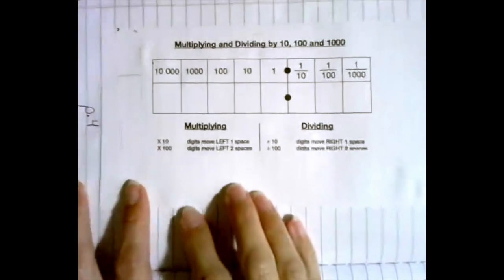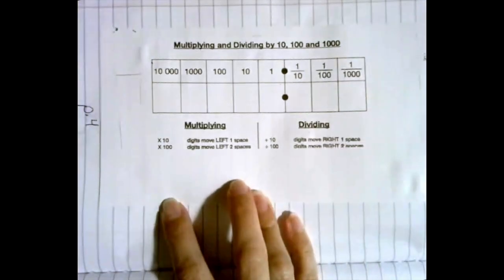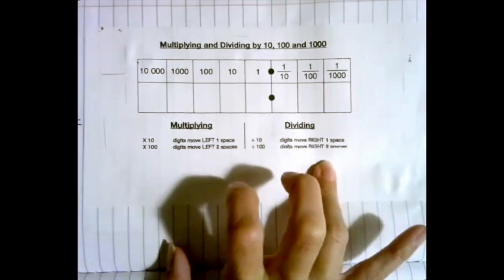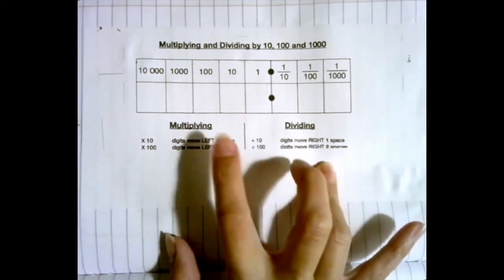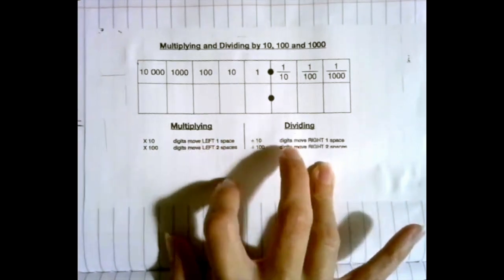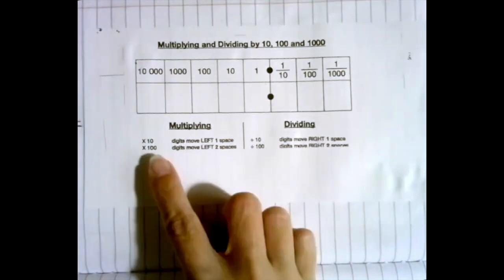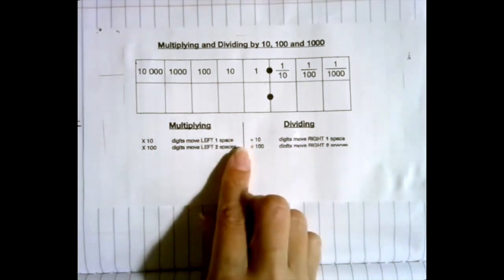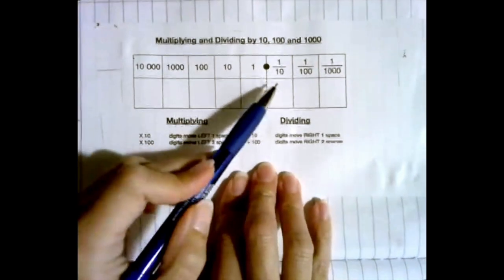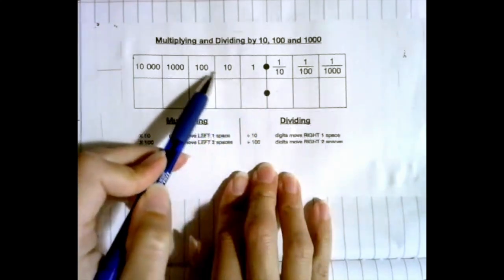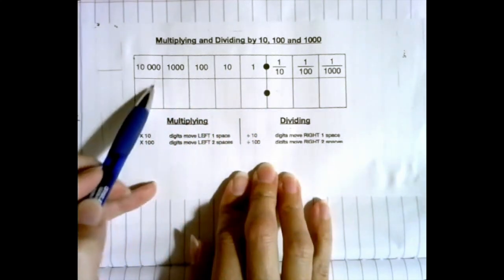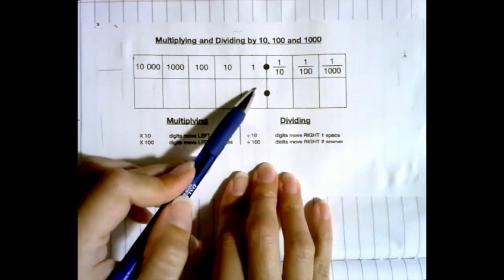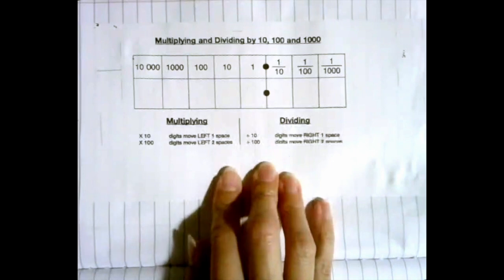All right, so let's talk about this page for a minute. This is using place value to multiply and divide by powers of 10, or by a 10, 100, 1,000, 10,000. So our place value system is all in tens. Every time you move to the left, you're getting 10 times bigger. And every time you move to the right, you're getting 10 times smaller, or 1/10 as much.